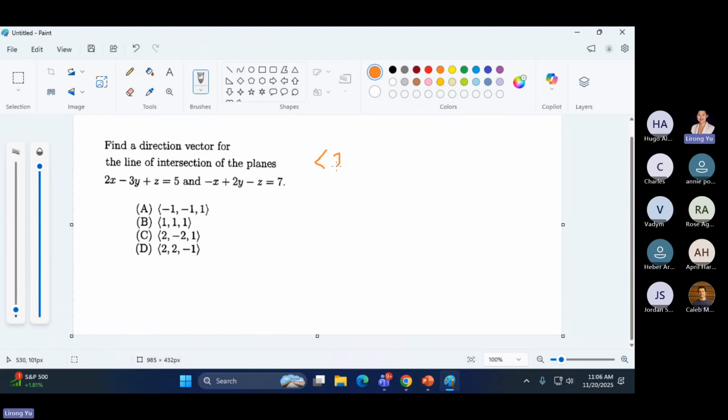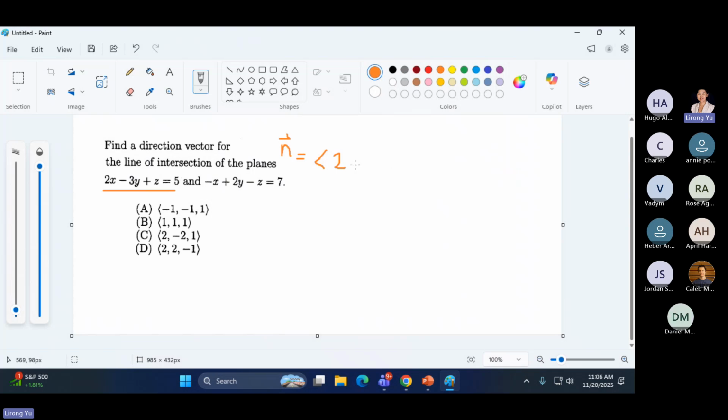So we'll take out the normal vector for both planes. Let's call that N1, because the coefficient vector of the plane is a vector that's perpendicular to the plane. So the vector 2, -3, and 1 is a vector perpendicular to this plane. And the second vector is the normal vector for the second plane, that's -1, 2, and -1.